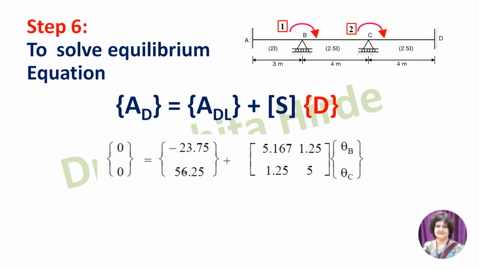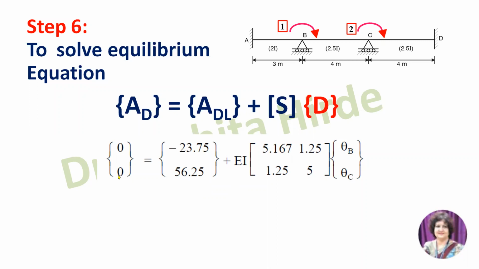I have neglected EI here, but we can't neglect EI here. We have to write it like this only. To calculate theta B and theta C, you can use any numerical method like Gauss elimination, or you can write the equation like this: 0 is equal to minus 23.75 plus 5.167 EI theta B plus 1.25 EI theta C. That will be the first equation.